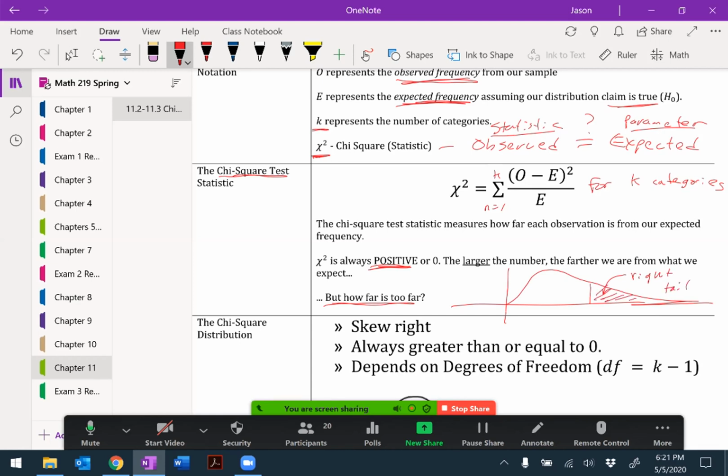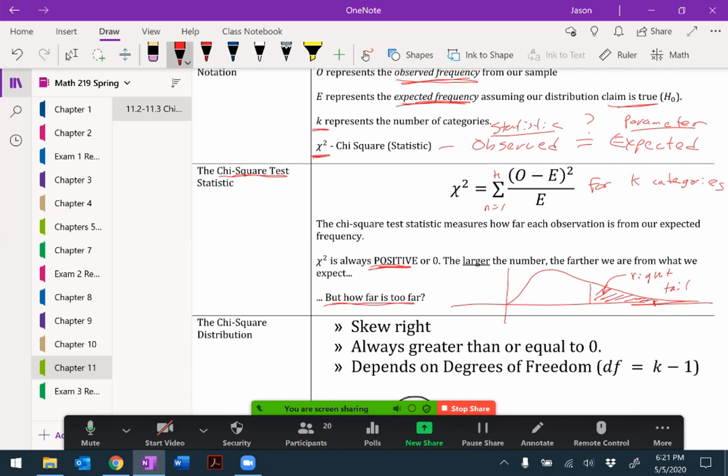That right tail is going to tell me, okay, is this close to what we expected, or is it really far? Because if this tail is really small, then it's really far from what we expected, and eventually it's going to be less than 5%. That area will be less than 5%, and so we would say, no, it's too far from what we expected, and we're going to toss out the null hypothesis.